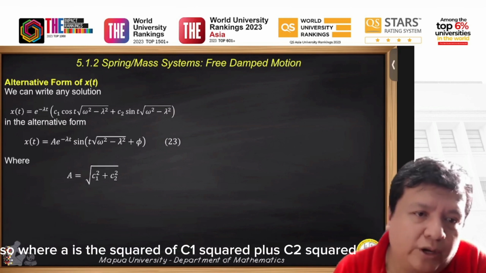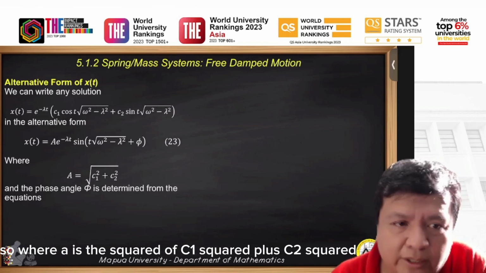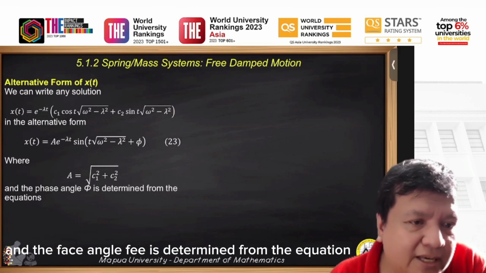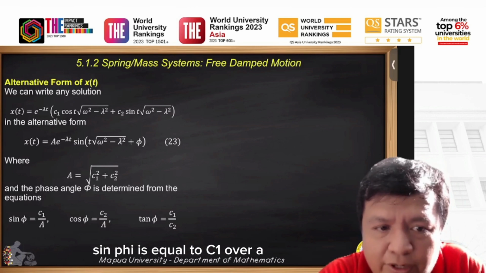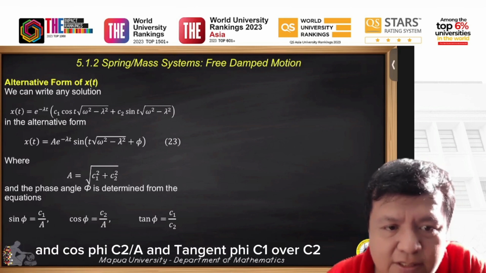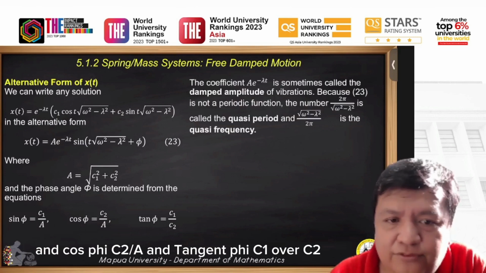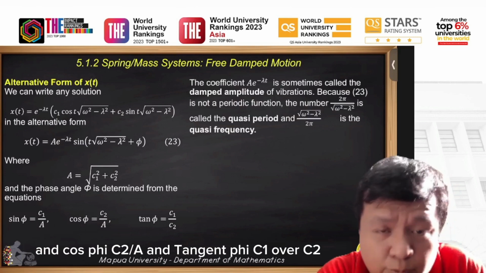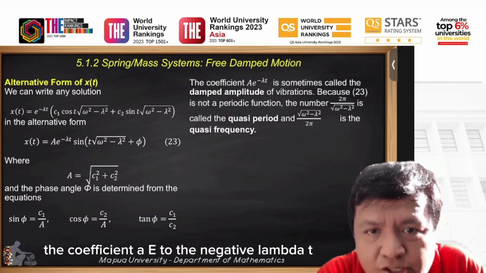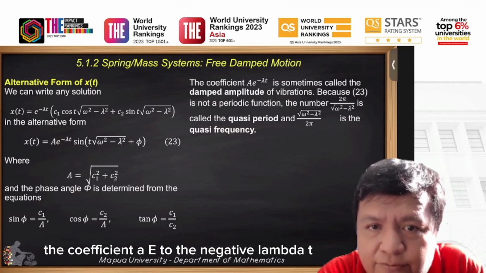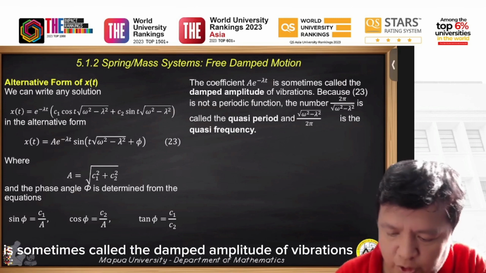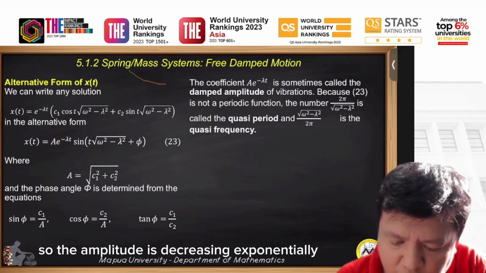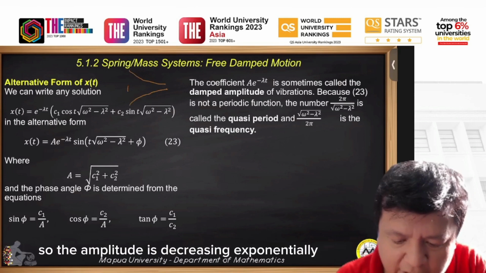A is the square root of C1 squared plus C2 squared, and the phase angle phi is determined from sine phi equal to C1 over A, cosine phi equal to C2 over A, and tangent phi equal to C1 over C2. The coefficient e to the negative lambda t is sometimes called the damped amplitude of vibrations. So the amplitude is decreasing exponentially.